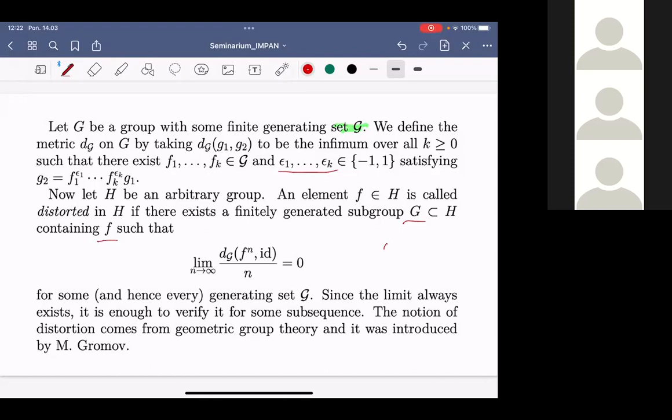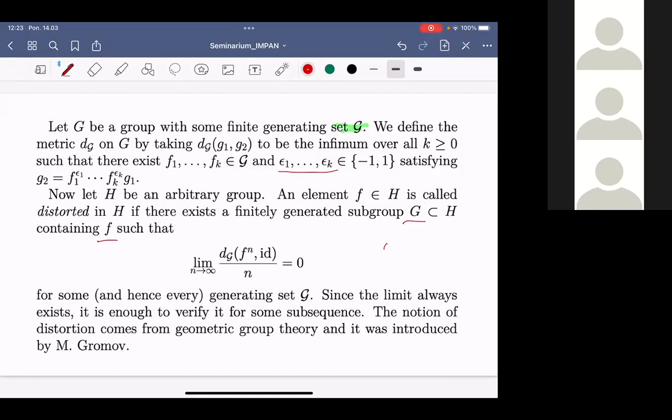Equivalently, the distance between f^n and the identity, which is just how many elements from the generating set we must have in the composition, will grow sublinearly in n.